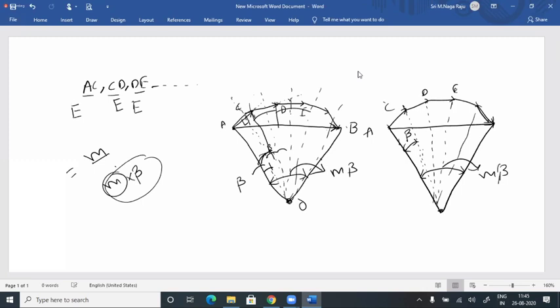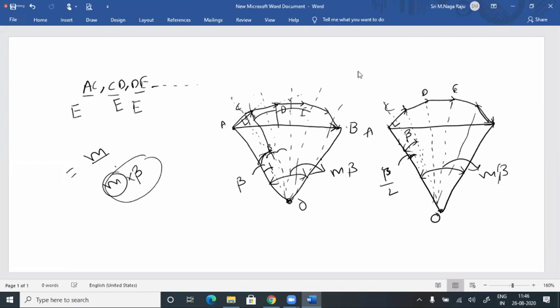Now if you draw perpendicular lines like this, this angle is 90 degrees and this angle is beta by 2. I hope it is clear now. Each slot angle is beta, we have bisected it with a perpendicular line, then the middle angle is beta by 2.